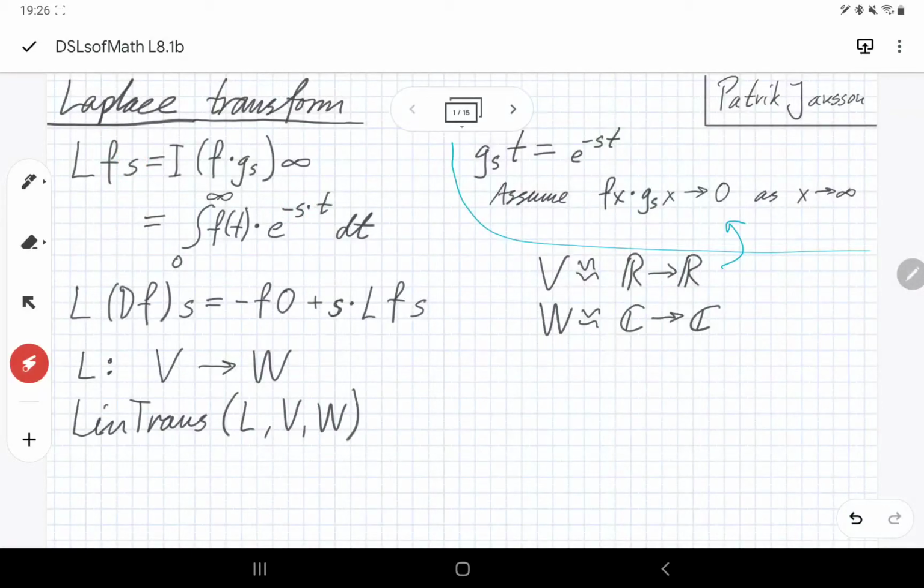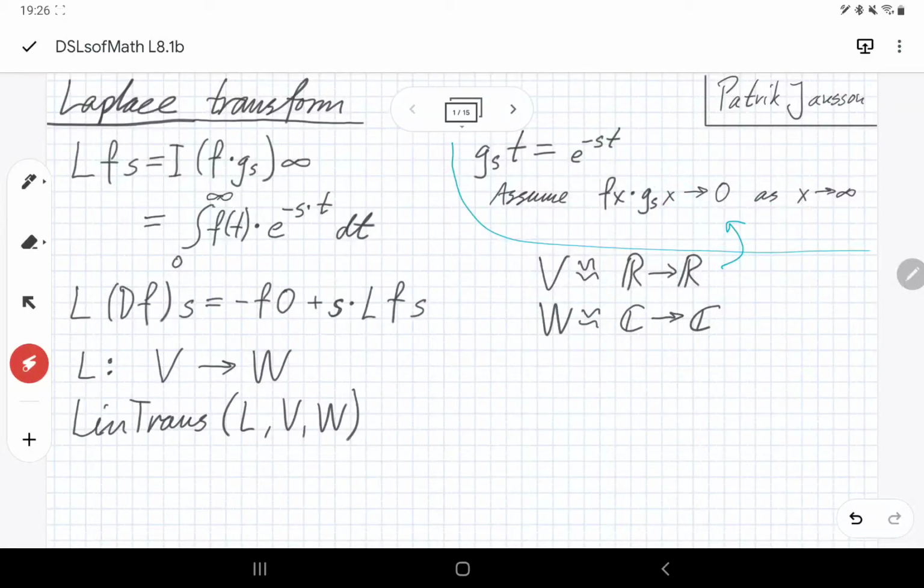So for each s, it will be one value of the integral, and all those values together sort of represent f. It's a completely different view of f. And this is for functions f which vanish as x goes to infinity.